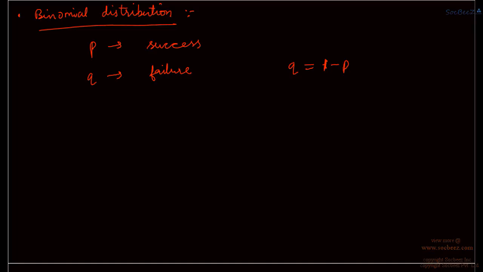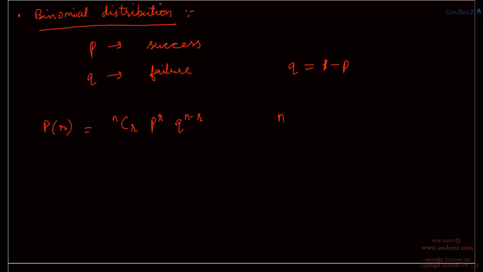Now suppose I conduct this experiment n number of times, and I want to see if I am having r number of successes. Then this is given by a very simple formula. I'll change this P, so it doesn't get confused with the normal P, and write this as capital P of r.